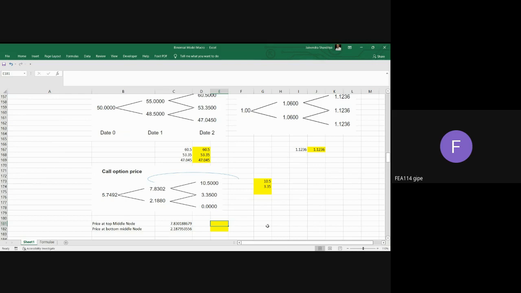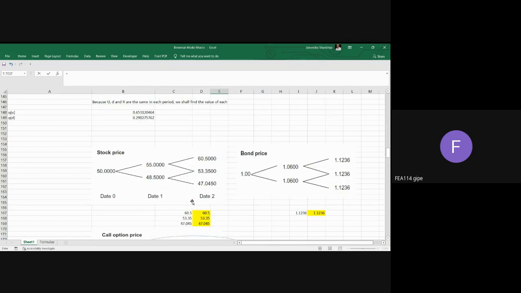So we'll again use QU and QD. What is QU?